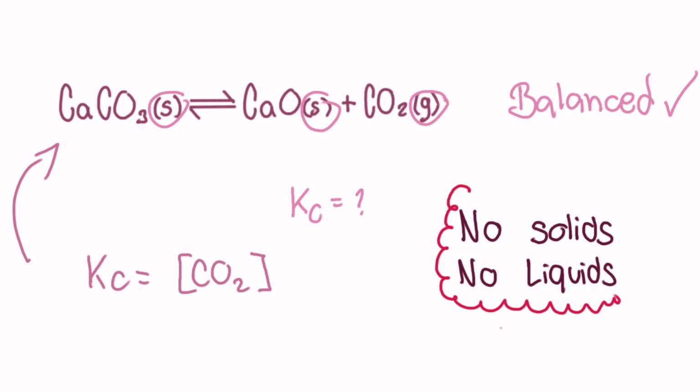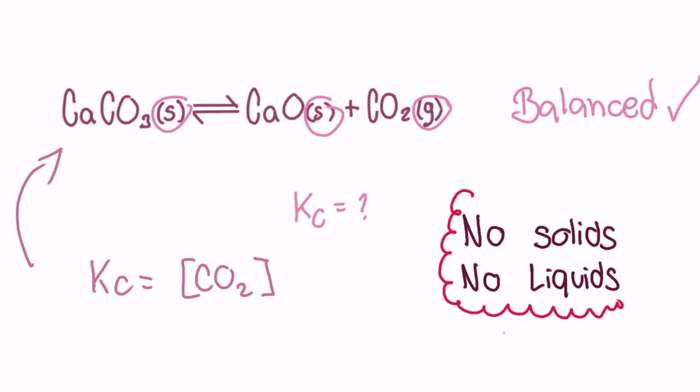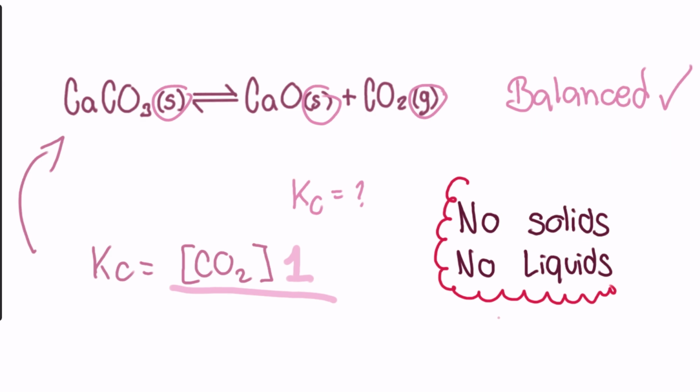The reason solids and liquids are not included in the equilibrium expression is because solids and liquids have both an activity of 1. So in this equation, if we were to count solids, we would add a 1 over here and a 1 over here. However, this wouldn't change anything. So we don't count these in.